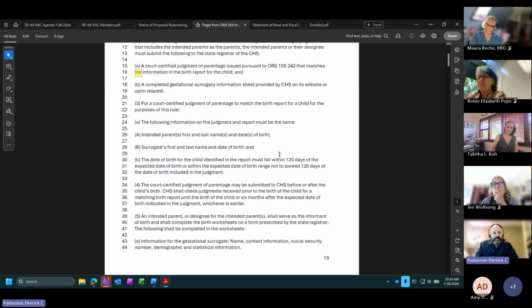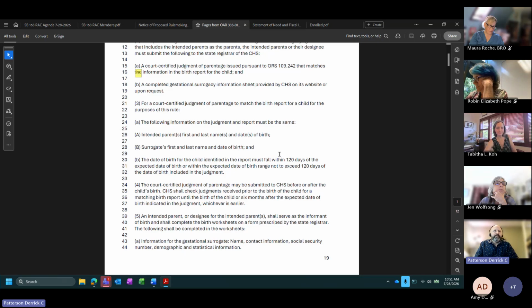Thank you. Anything else on section 2? All right. Section 3, for a court-certified judgment of parentage to match the birth report for a child for the purposes of this rule, A, the following information on the judgment and report must be the same: A, intended parents' first and last names and dates of birth; B, surrogate's first and last name and date of birth.